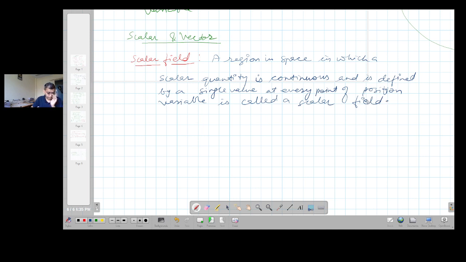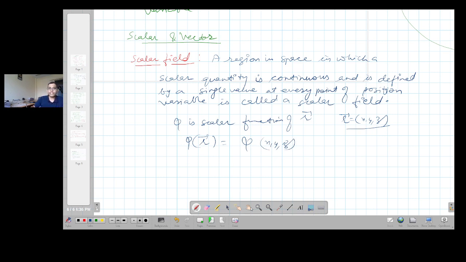So if phi is a scalar function of R, where this R vector is basically x, y, z in Cartesian coordinates, then phi can be written as phi(x, y, z), where phi is a scalar field.